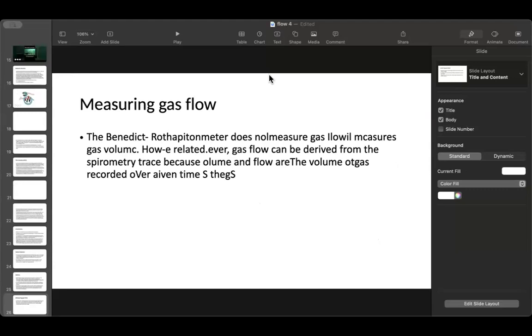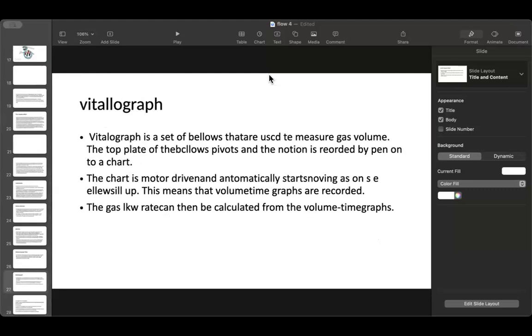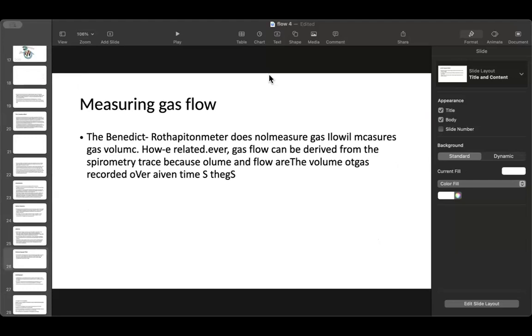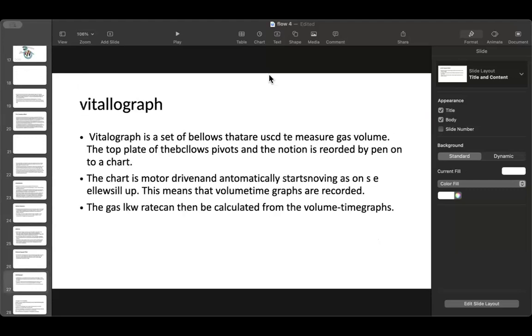Another way of measuring flow is the Benedict Roth spirometer. It is a basic setup of measuring flows. Then we have the Vitalograph, whose weak point is that it only measures expiratory values.